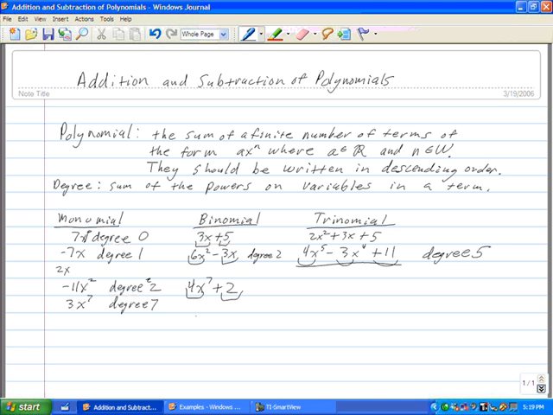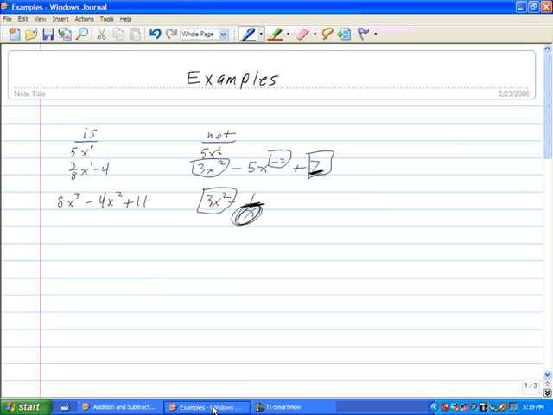A polynomial can work with more than one variable. For example, if I had a 3x squared y to the 5th plus a 4x squared y to the 6th minus an 11x to the 5th y to the 3rd, let's look at the degree of each term. This term has a power of 2 and a power of 5.